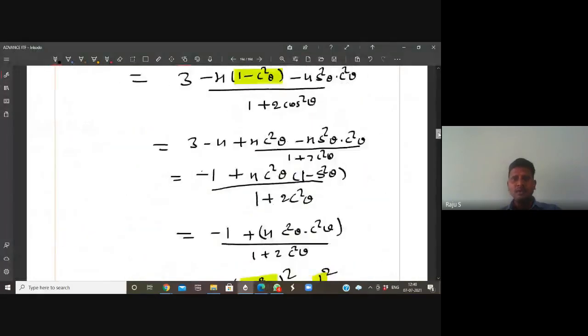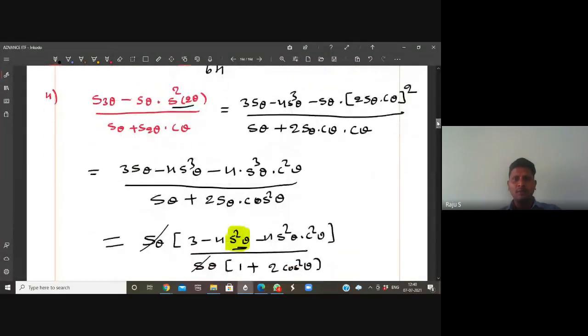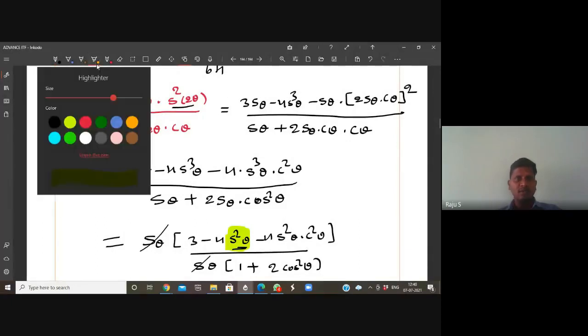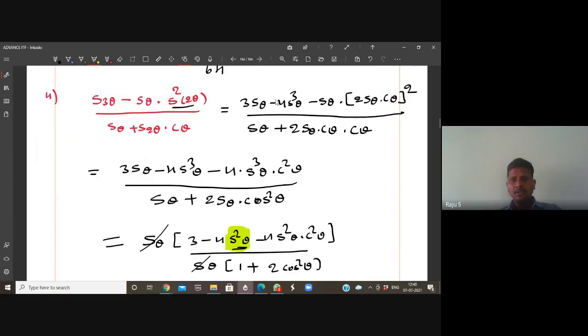Once again, students, when we want to simplify here, I applied the sine 3 theta formula. Sine 3 theta is 3 sine theta minus 4 sine cube theta. After that, sine 2 theta formula is 2 sine theta cos theta, whole square.